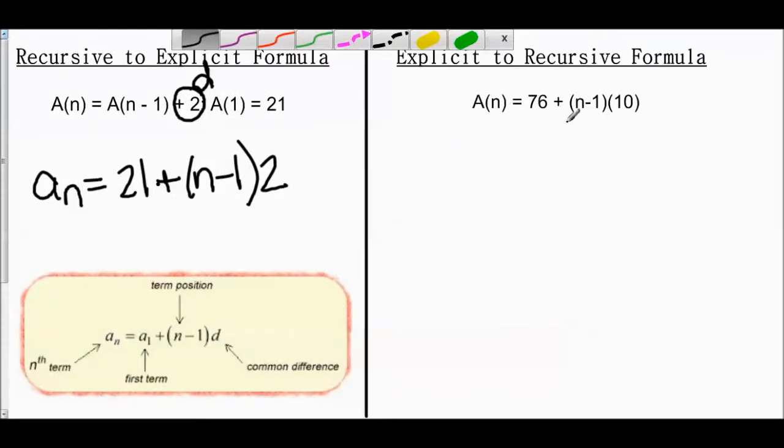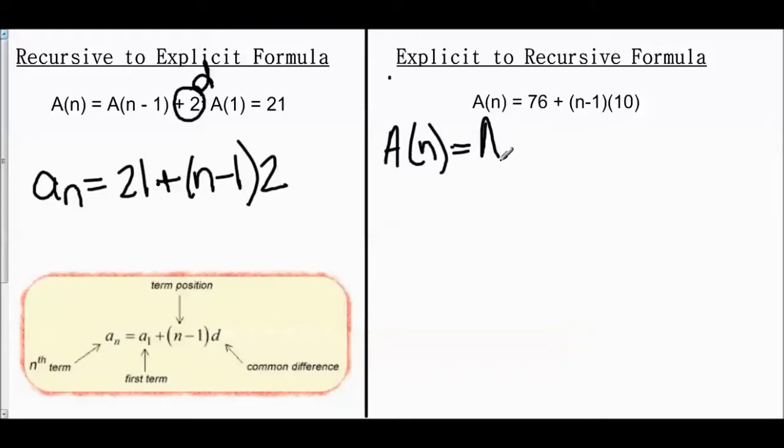On the other side, we're going to take an explicit formula, a of n equals 76 plus n minus 1 times 10, and change that to the recursive formula. With the recursive formula, you still have a of n, and that equals a of n minus 1, which is saying the value of the previous term, plus the common difference, which is 10.